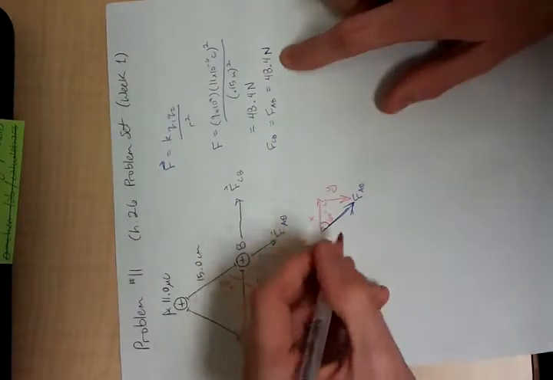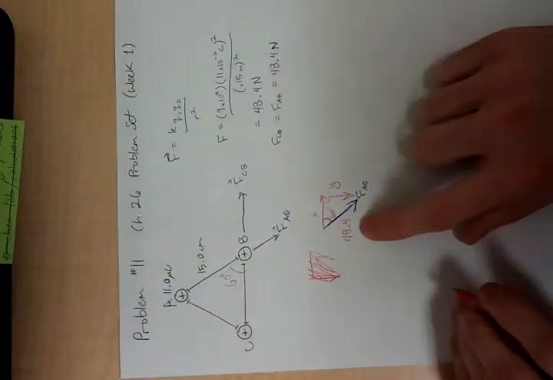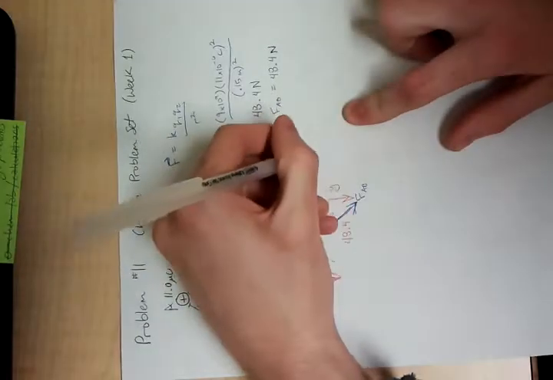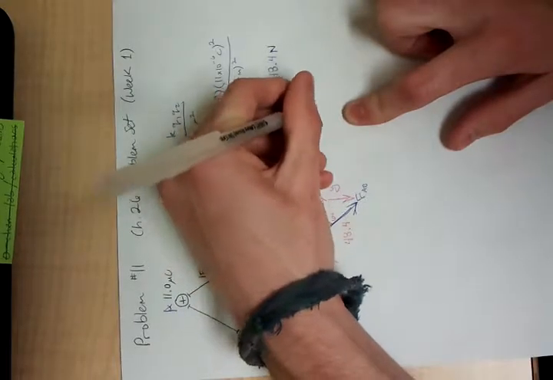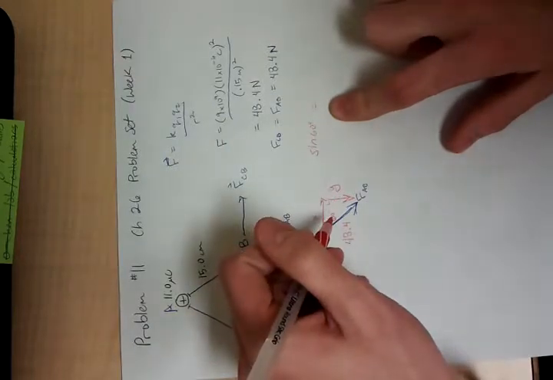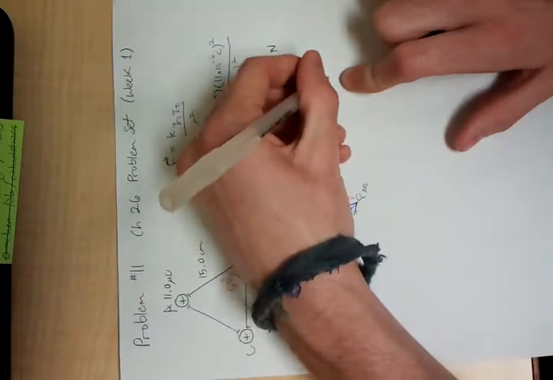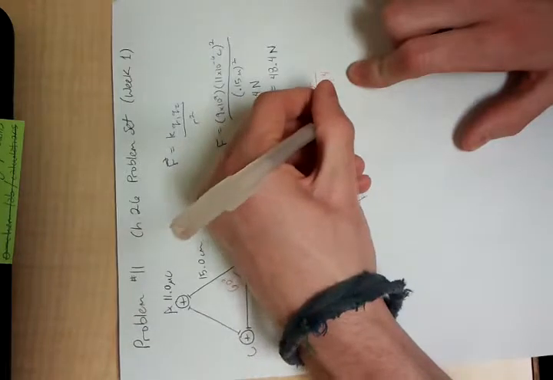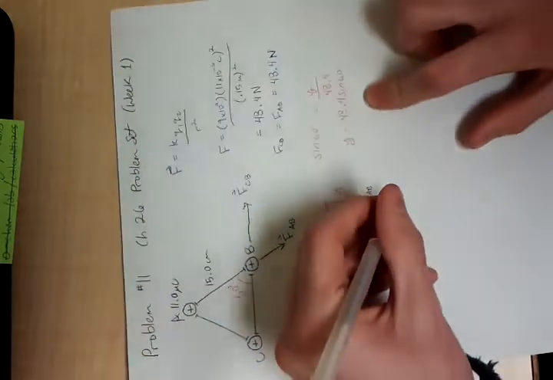Now the hypotenuse is the force magnitude we found earlier using Coulomb's law. Using geometry, sine of 60 degrees is y over the hypotenuse, 48.4. So y will be equal to 48.4 times sine of 60 degrees.